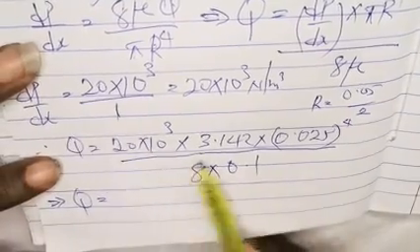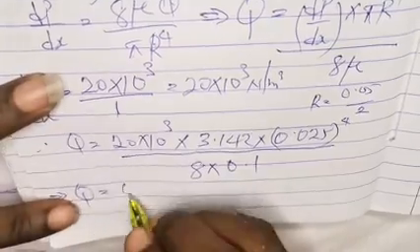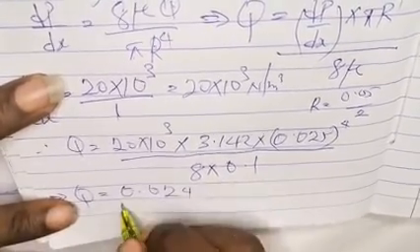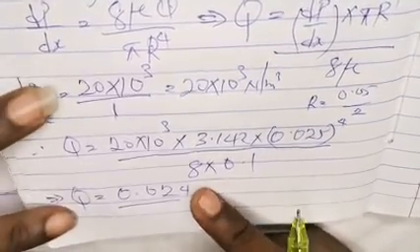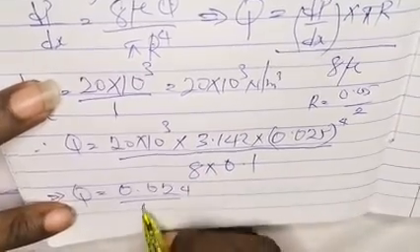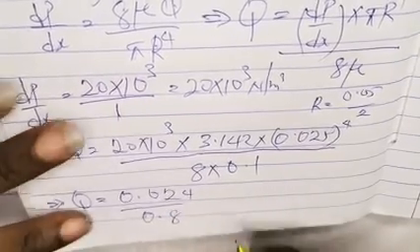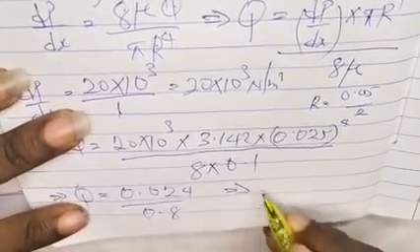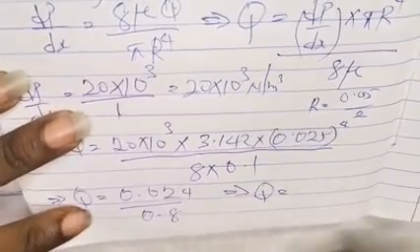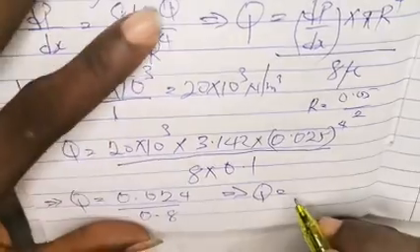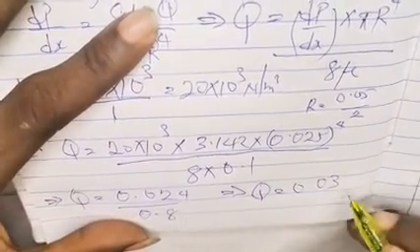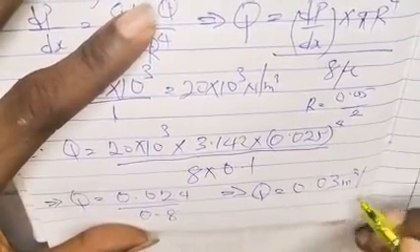Everything on the numerator gives us 0.024, divided by the denominator, 8 times 0.1, which is 0.8. So we find 0.024 divided by 0.8. This gives us the value of our discharge Q. So our discharge is 0.03 meter cube per second.